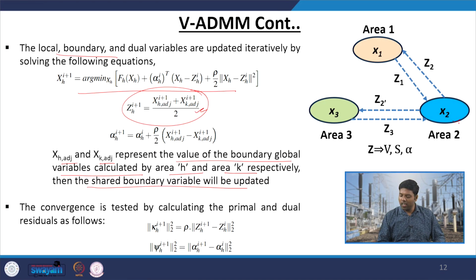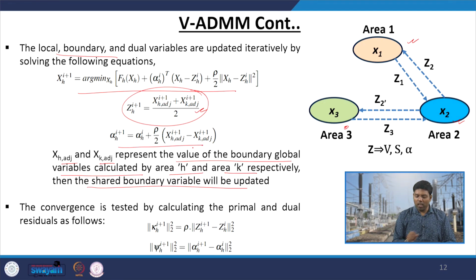If you see area 2, it can have one downstream area, area 3, and one upstream area, area 1, not more than that, because it is a radial architecture. When you have a meshed architecture, you will have more than two neighboring areas. But this is strictly for the radial distribution network.